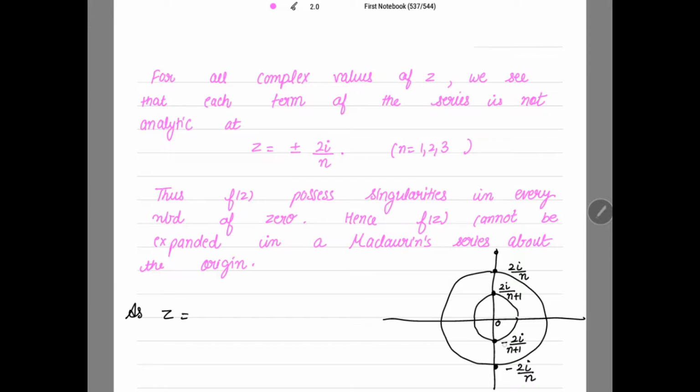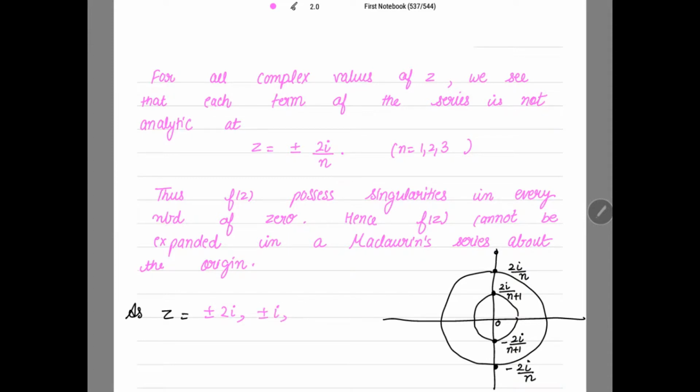See the figure. In the neighborhood of 0, there are so many singularities. Put n equal to 1, I have plus minus 2 iota. Put n equal to 2, I have plus minus iota.